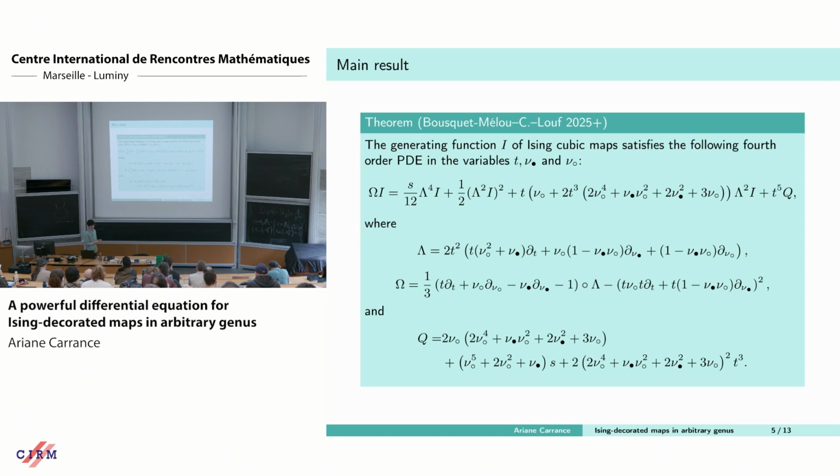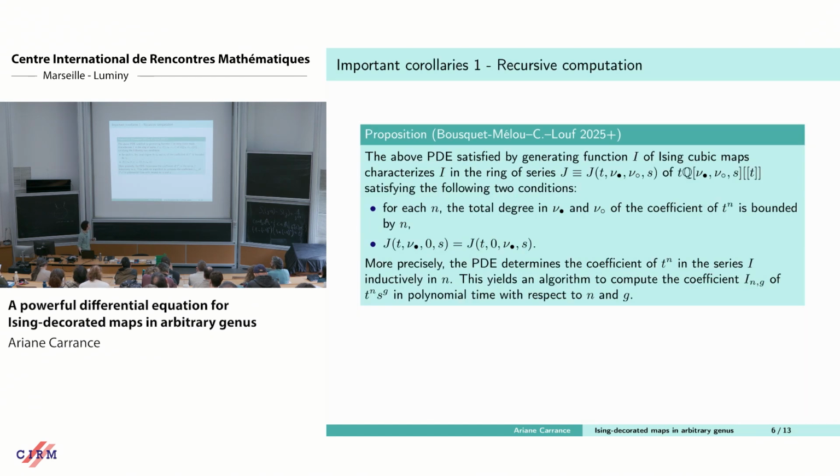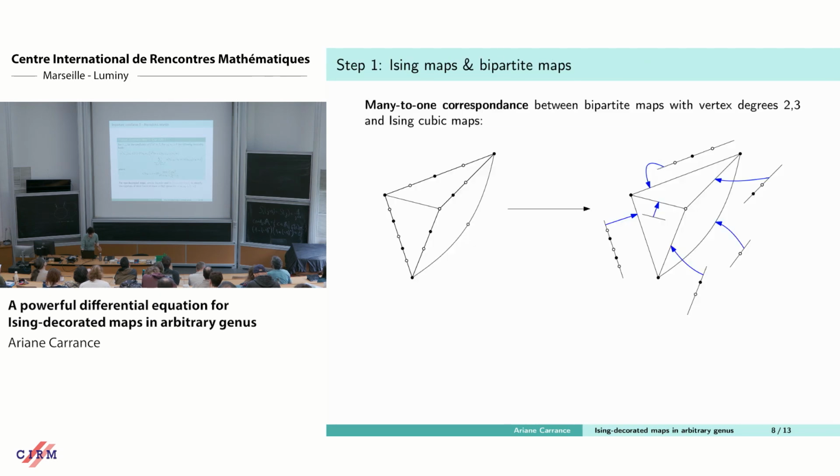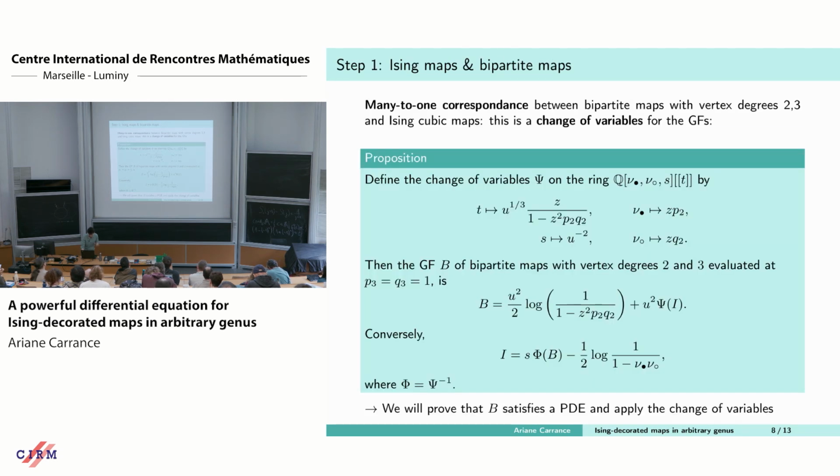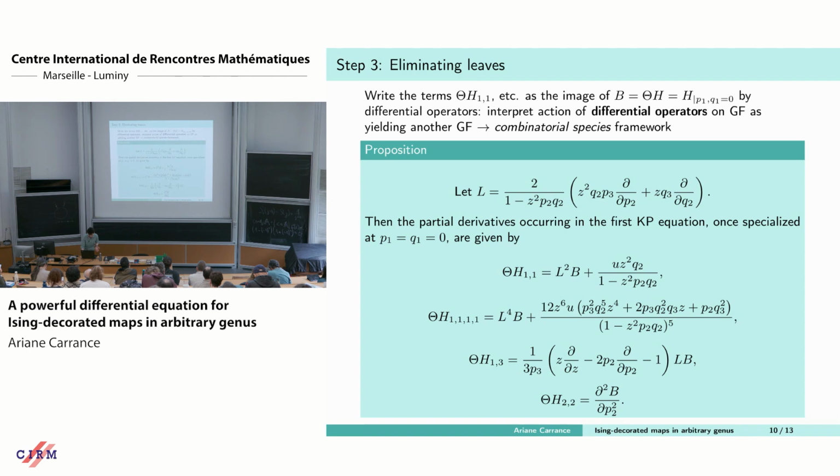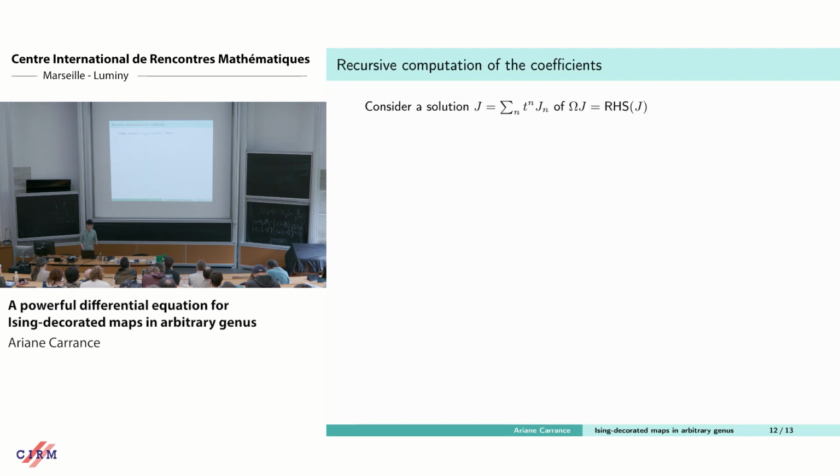Okay, so I went a bit more quickly than I expected. So it means that I have time to tell you a bit more about this recursive computation of the coefficients of our generating function I. So I'm going to write the PDE satisfied by I in a slightly more compact way.